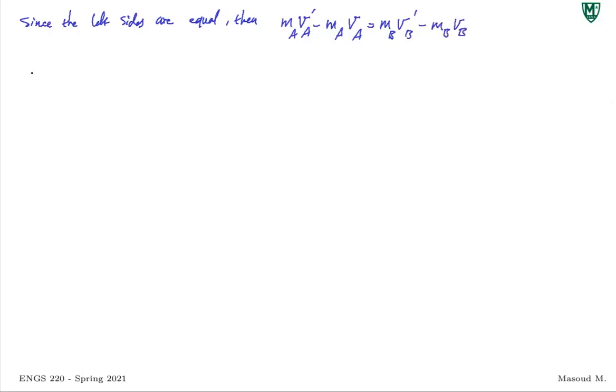Or we can just move things around and also write it this way: MA VA prime plus MB VB prime is equal to MA VA plus MB VB.